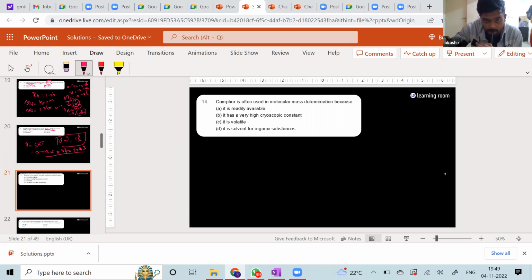Okay, next. Camphor is often used in molecular mass determination because it is readily available, it has very high cryoscopic constant, it is volatile, it is a solvent for organic substances. It is definitely not readily available, right? We know camphor, right? If you keep camphor in air, say if you keep it outside, what is going to happen?